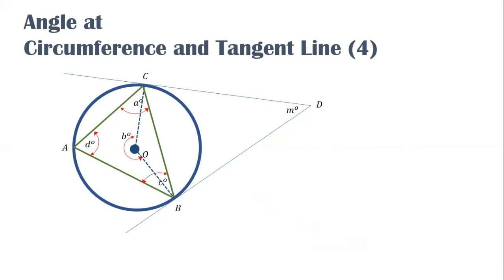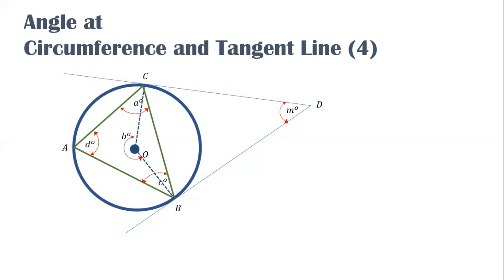Okay, there are two tangent lines. They are line CD and line BD. CD and BD lines are tangent lines. And both tangent lines are covered by M degrees as intersection at the point D, right?